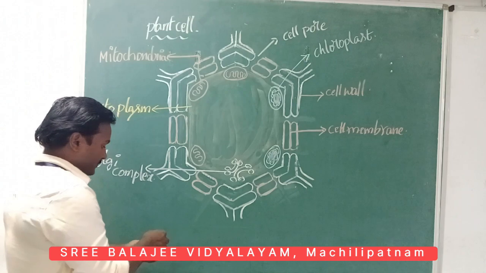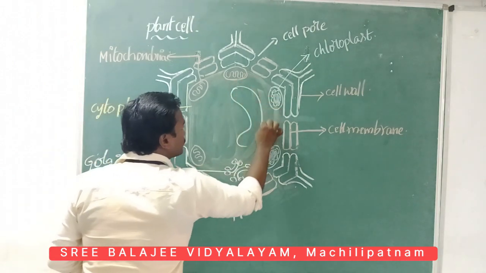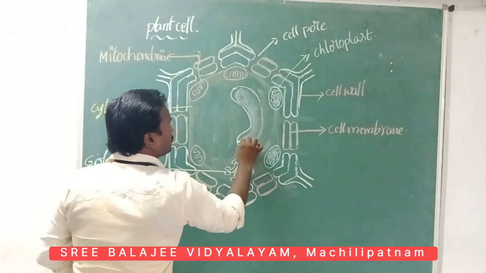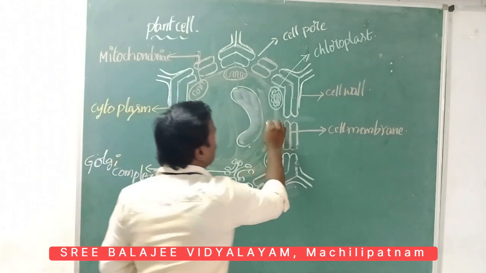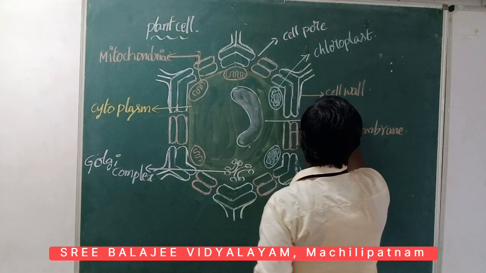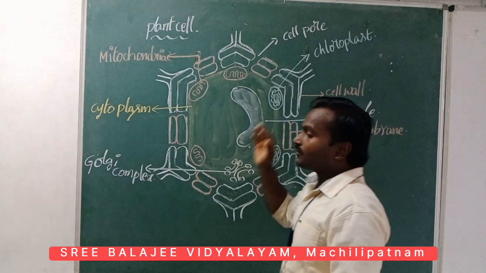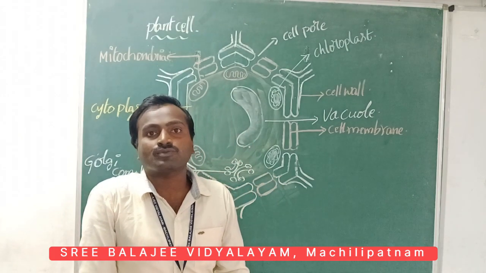Next, we need to discuss vacuoles. This is the vacuole. In the plant cell, we can see a bubble-like structure that is called a vacuole. These vacuoles are useful for the storage of carbohydrates, proteins, and fats.